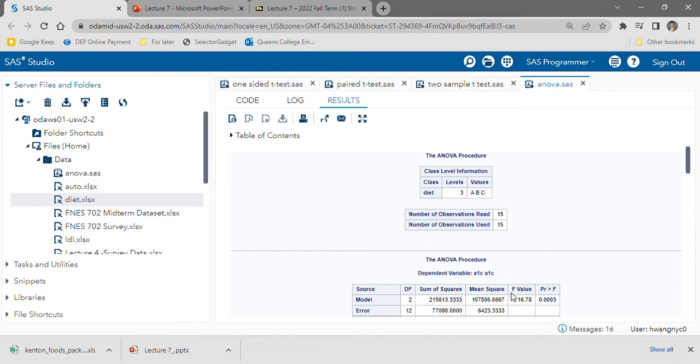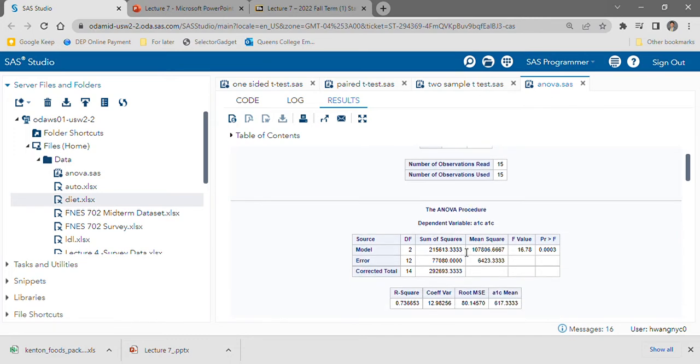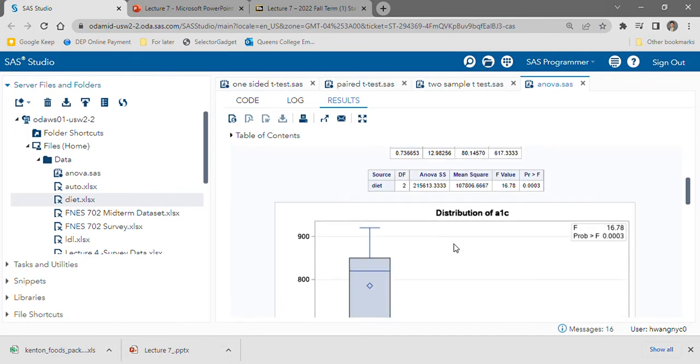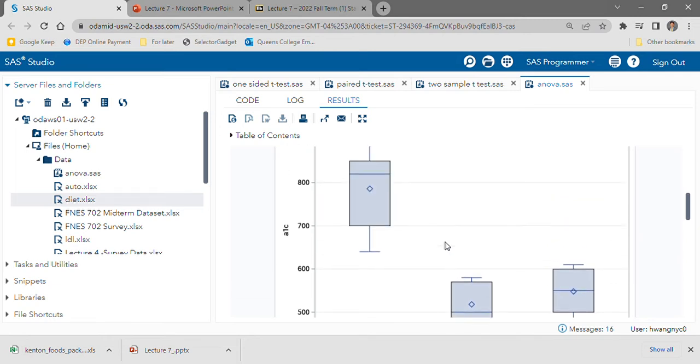So now we're saying, oh, okay, so there is a difference, right? One of these diets or 2 of these diets may differ from each other and result in different white blood cell count numbers, okay? So let's go ahead now, and I had asked about a box and whiskers, right?